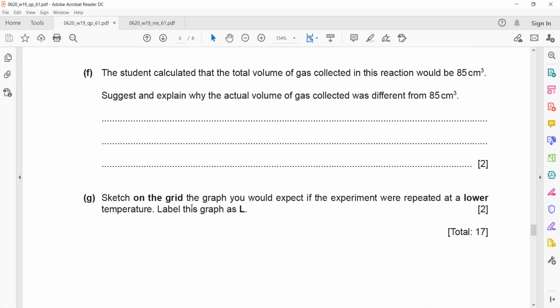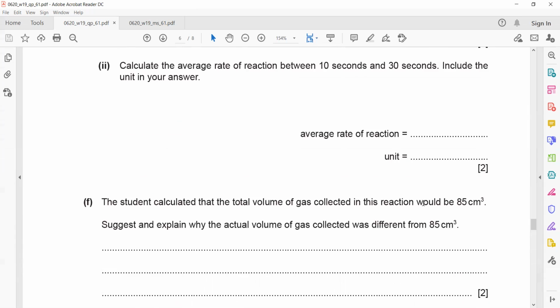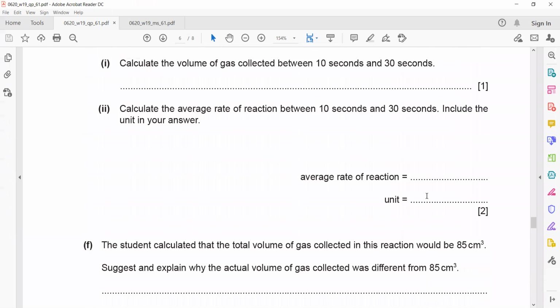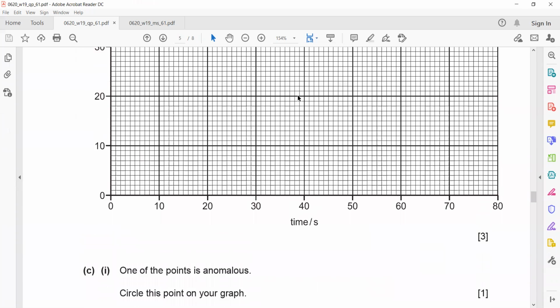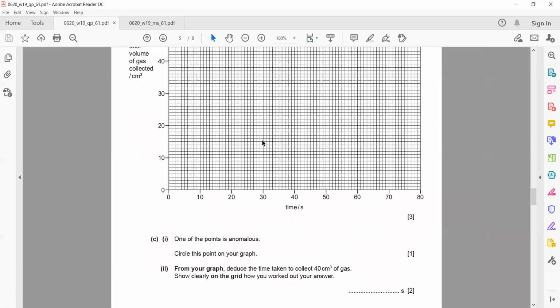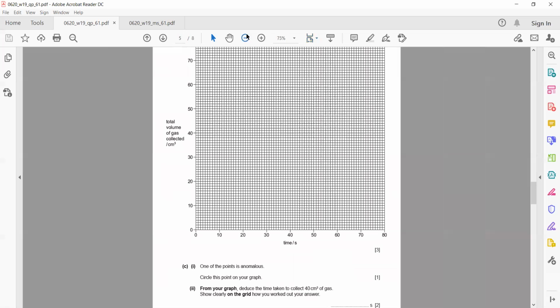Sketch on the graph a graph you expect if the experiment was repeated at a lower temperature and label that graph as L. So if this was the original graph, at lower temperature it will be less steep, but the final product will be the same.